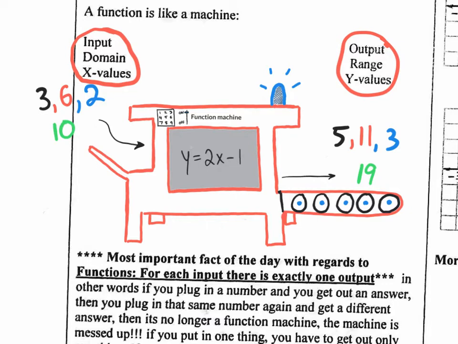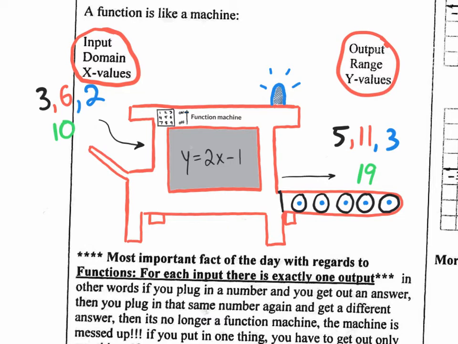So the idea is this, guys. For each input, there has to be exactly one output. So if I ever plug, like right here, I plugged in a 3. What did I get out? A 5. If I plug in a 3 again, what am I supposed to get out again? A 5. But if I plug in a 3 and I get out a 5 and I plug in a 3 again and I get out a 7, then I know my machine is messed up.